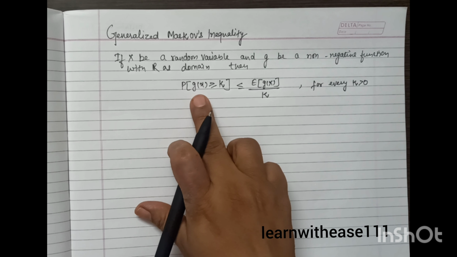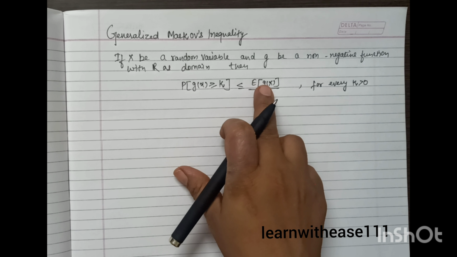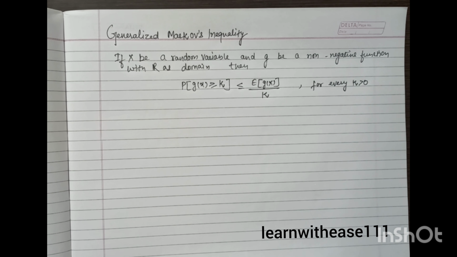So in place of random variable x, we have a function of the random variable. The criteria is the same.